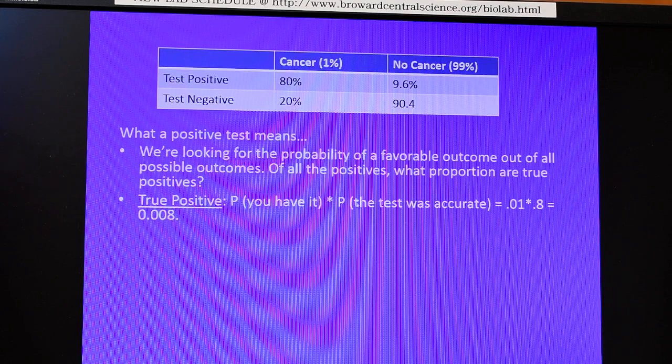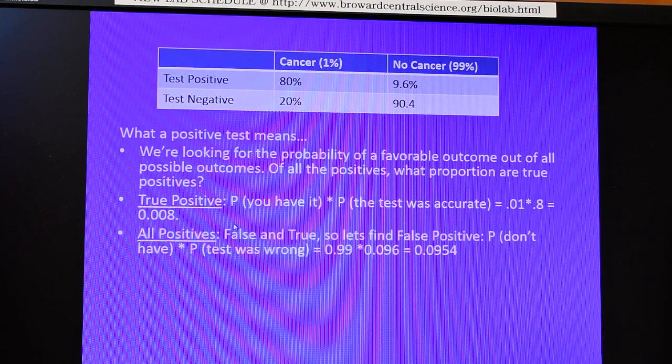So since these 2 things have to be true, the probability of a true positive is the product of the 2 probabilities. All positives, though, so it's the product of these 2 plus the product of those 2. So in other words, you need to add those 2 together.